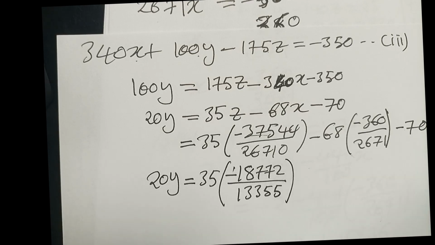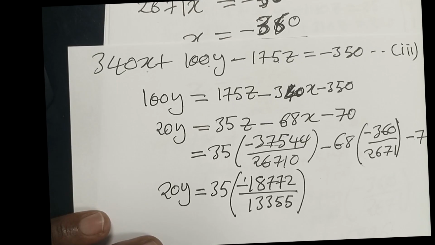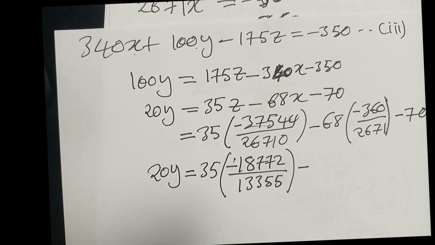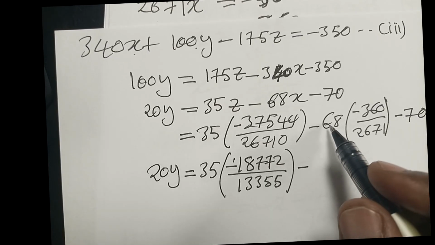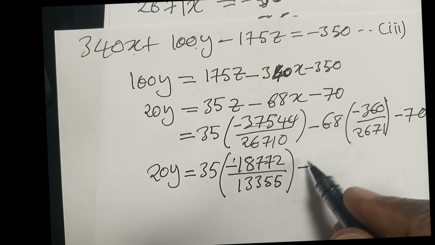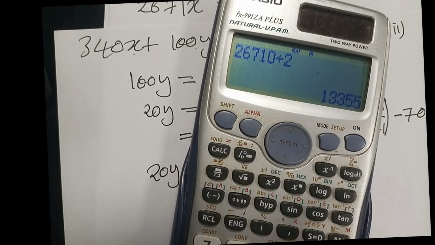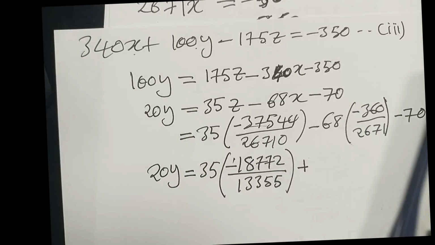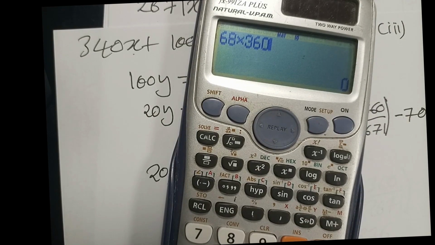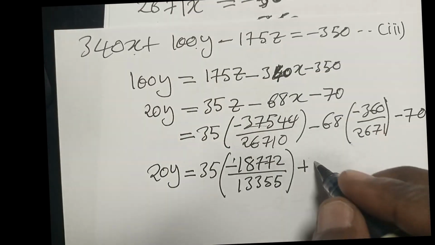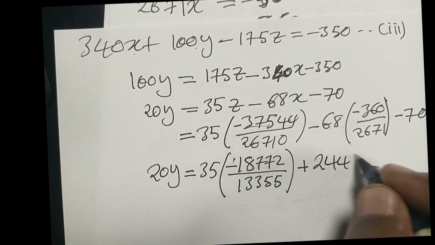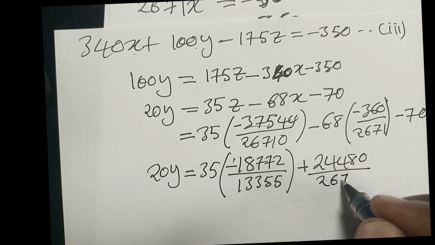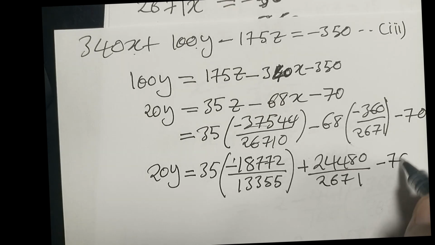And we should have simplified the x term as well: minus, this times that, so to be plus, 68 times 360, we get 24480 over 2671, minus 70.